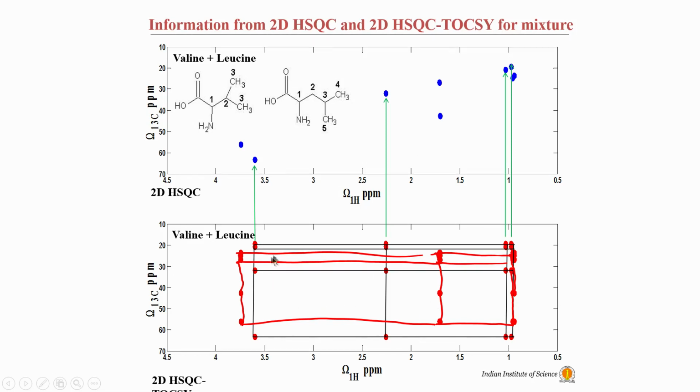So, you see there are two problems in protein NMR. This is something which we will repeat again in the second part, but I am just jumping ahead to tell you what is the problem that we are trying to address in protein NMR. The two challenges are, number 1, that I have, let us say, 10 leucines, 4 valines, 3 arginines and so on. So, there are multiple copies of the same amino acid.